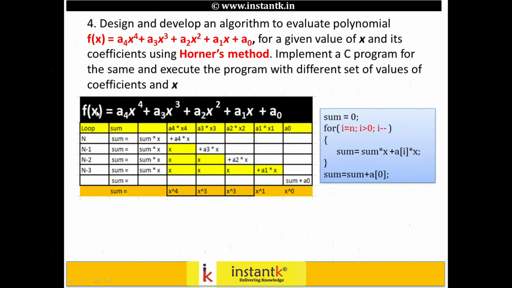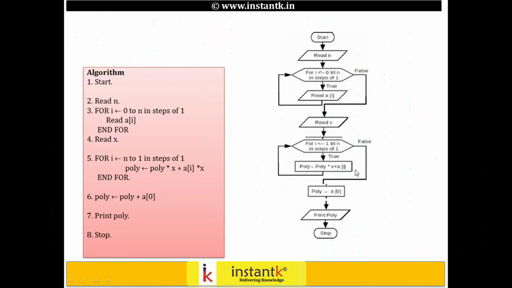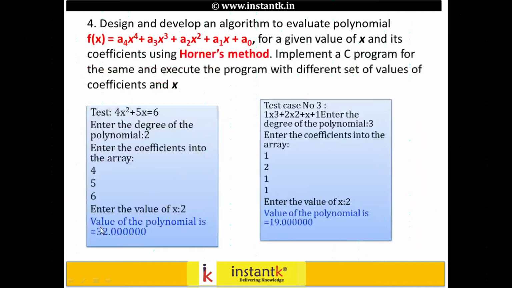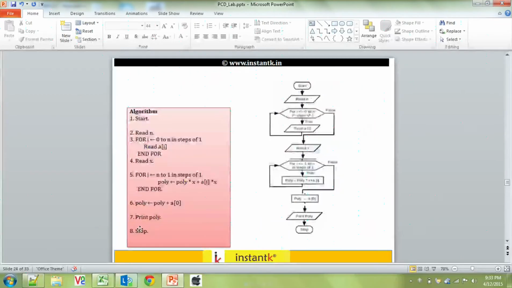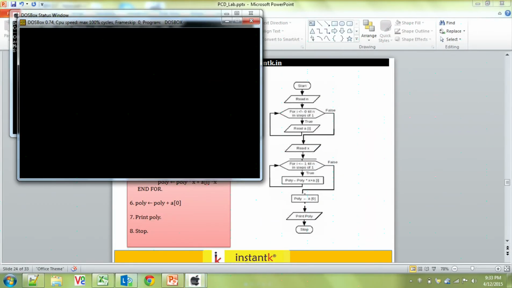We compute in a loop all these parameters, and the final sum, the polynomial we get, is the final answer. This is what it is. Let me quickly go to the code part.